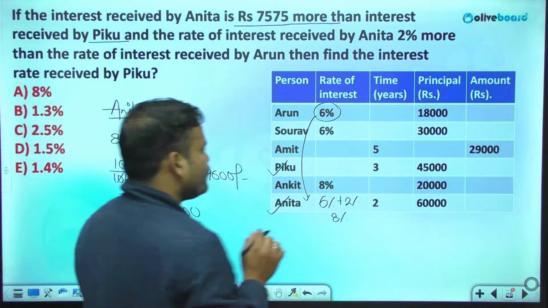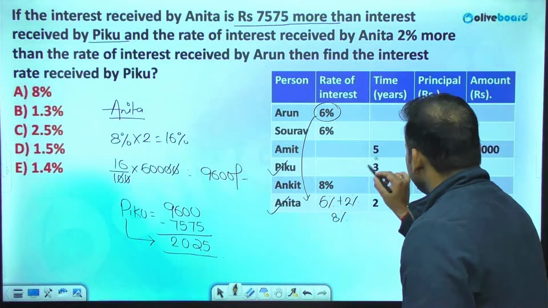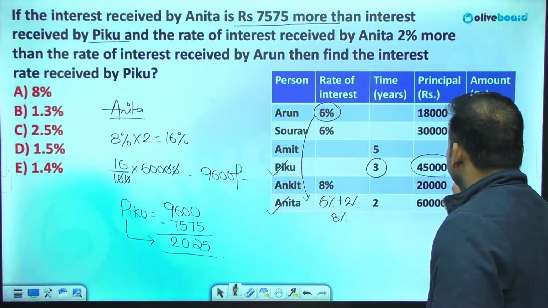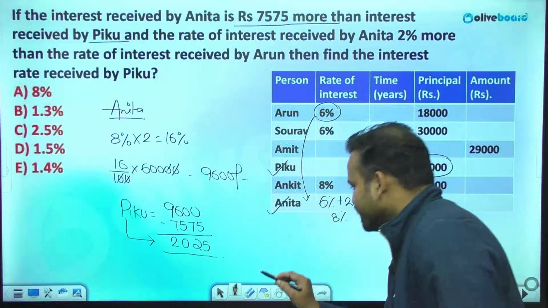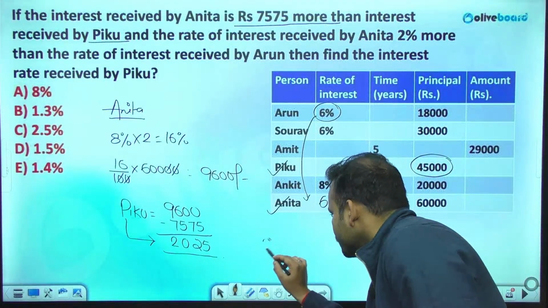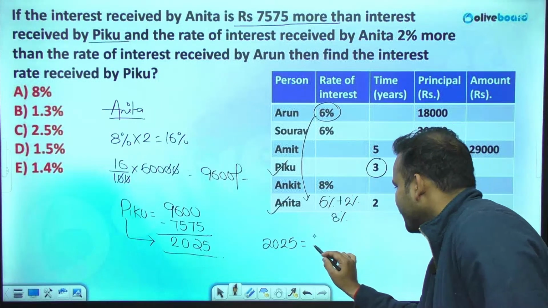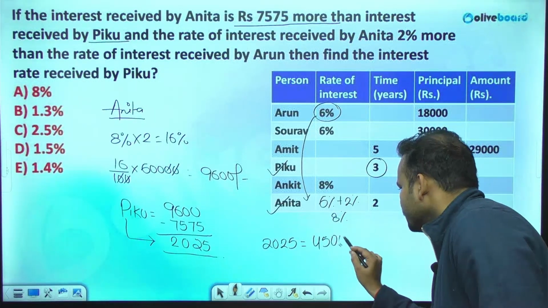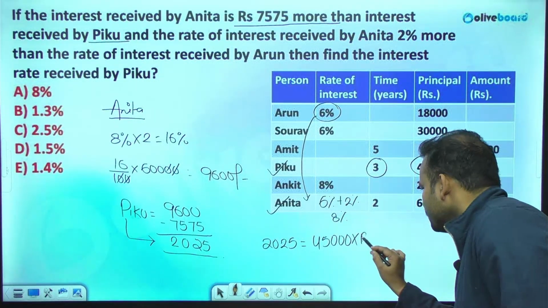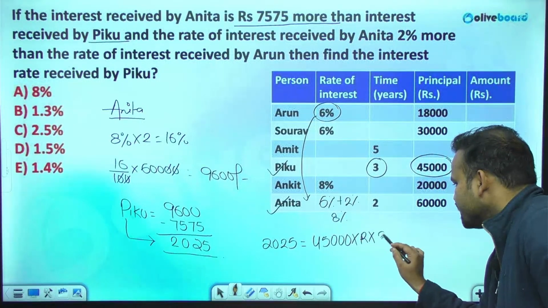For Piku, we know the tenure is 3 years. Principal is this much. What is the rate of interest? Interest is 2025. Principal for Piku will be 45,000. Rate of interest is not known. Tenure for Piku is 3 years upon 100.